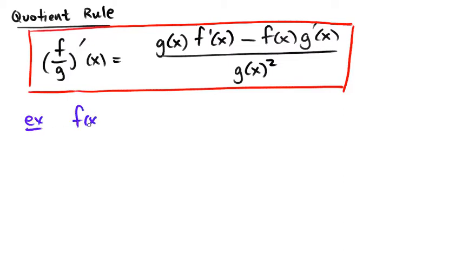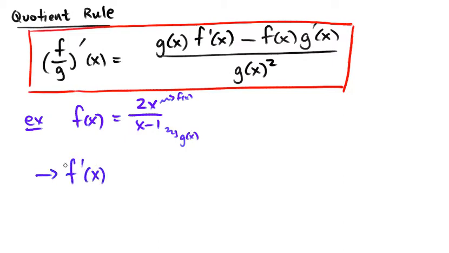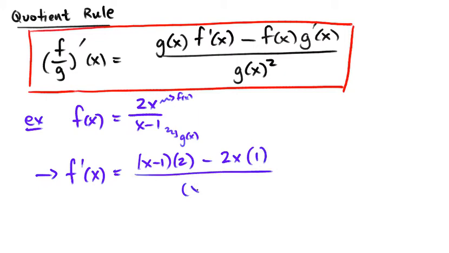If you've got some function and it's built as a rational function, so this is one part, think about it as your f of x, and this is your other part, your g of x. Then, when I take the first derivative, notice the proper notation this time, then I get g of x, which is x minus 1, times the derivative of the top part, minus the top part, times the derivative of the bottom part, all divided by the bottom part, g of x squared.